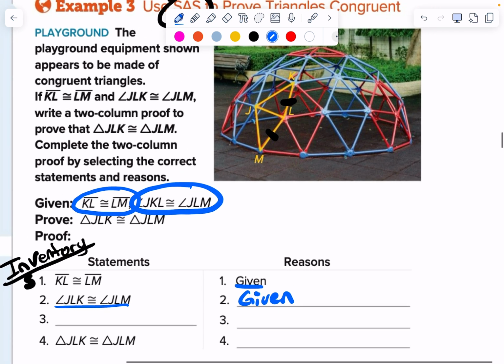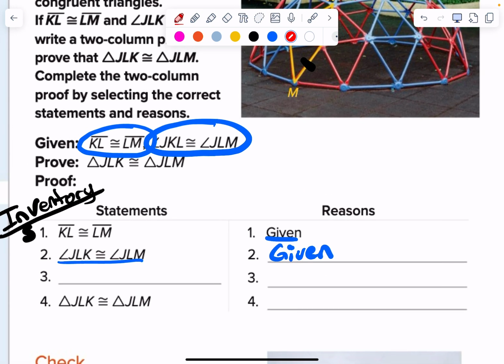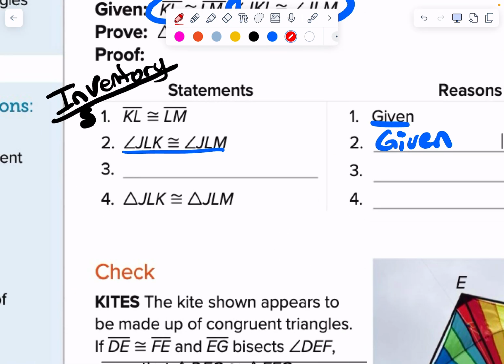Which one's angle JLK? This one right here. Okay? Is congruent to angle JLM. Which one's JLM? The same one right below it. Okay? So those two angles are the same. All right, I know they're the same measure. Okay. Now I have in my inventory an angle.